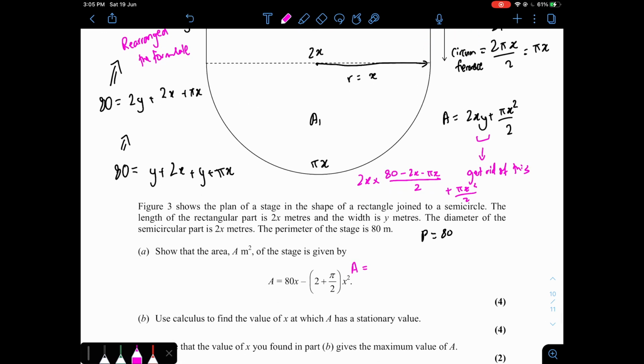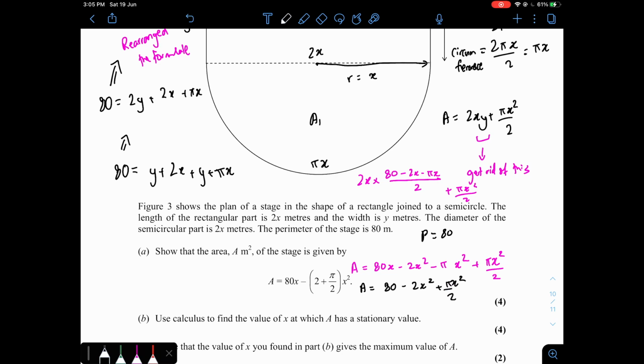So in this case, the 2 will cancel out, so you're left with ATX minus 2x squared minus pi x squared plus pi x squared over 2. So when you simplify this, A equals ATX minus 2x squared, plus pi x squared over 2.